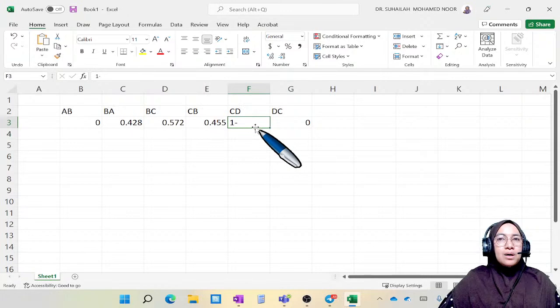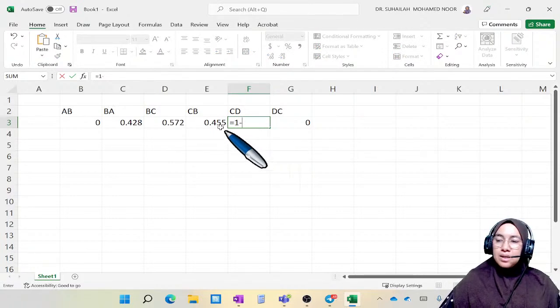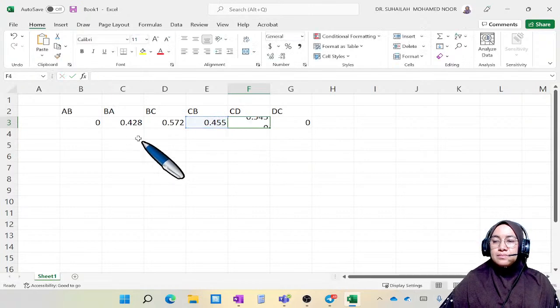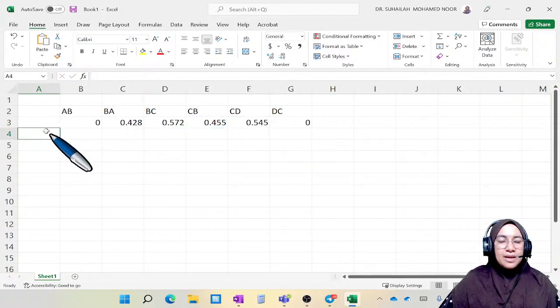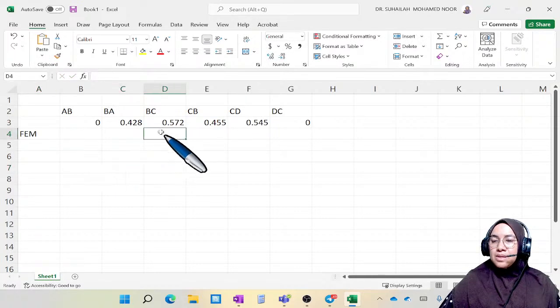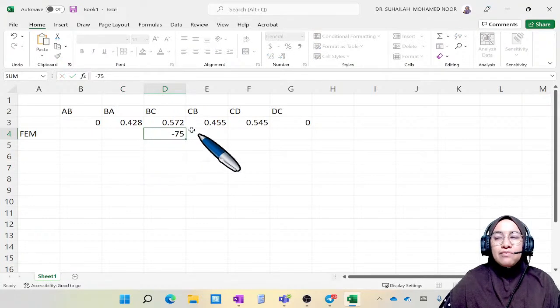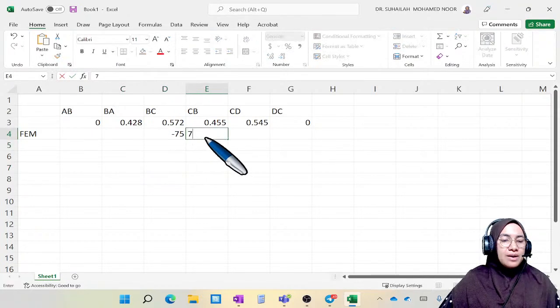When we want to set Excel to calculate, we have to put equal first. So it is 1 minus this. Okay, so the FEM is BC, CB, negative 75 and 75.